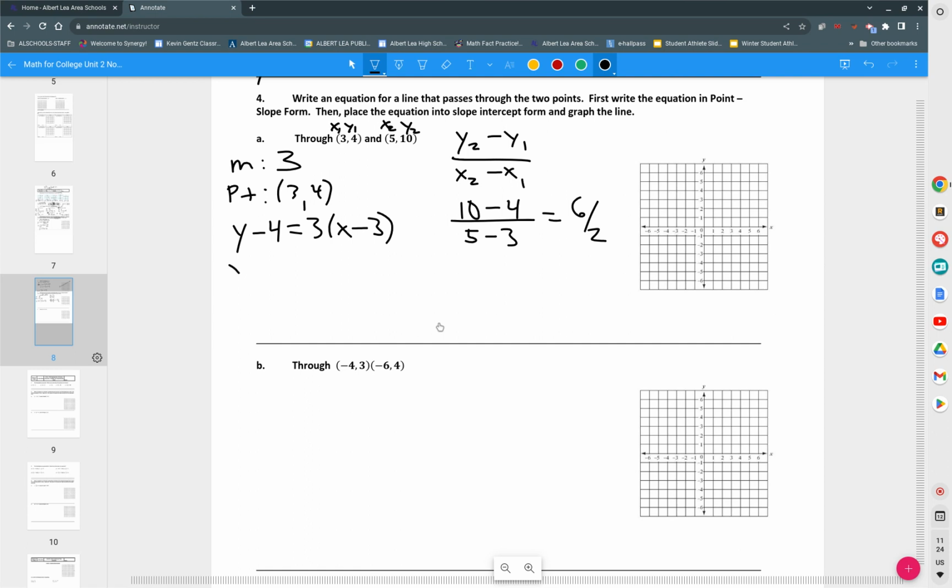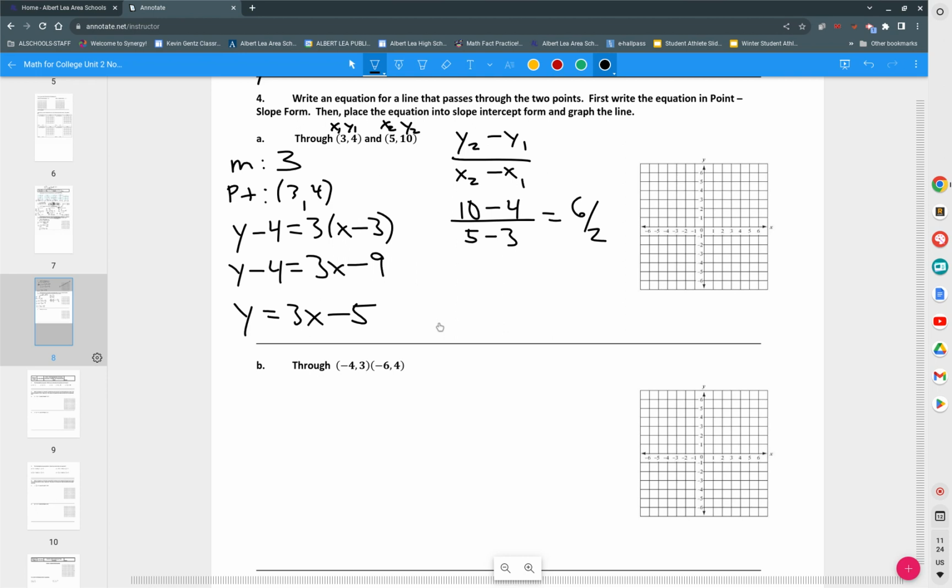If we distribute, we have y minus 4 equals 3x minus 9. If we add that 4, y is 3x minus 5. Not too bad?